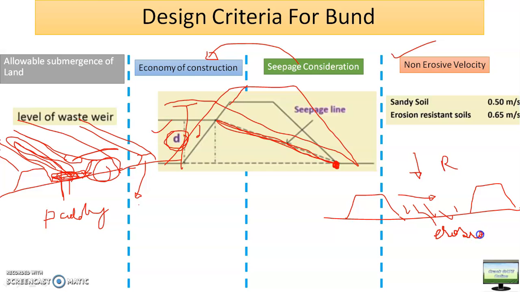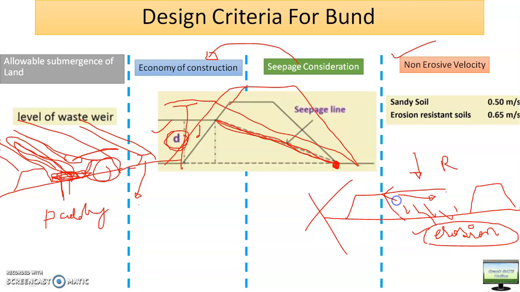Then what is the meaning of constructing this bund? As I told you, one of the functions of the bund is also to check erosion, and if this distance is so much that it is causing erosion, then there is no point of this design, it is a poor design. So you have to consider this non-erosive velocity.